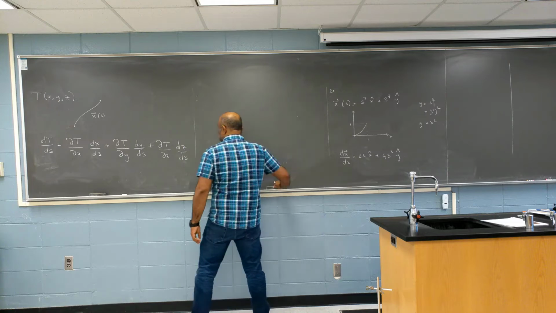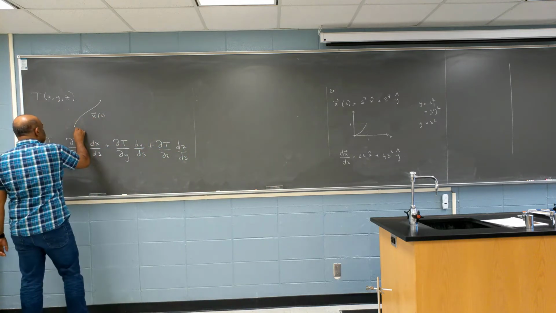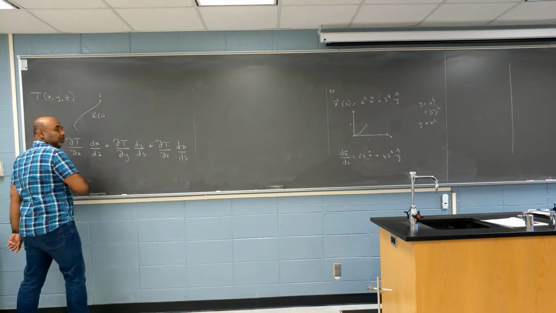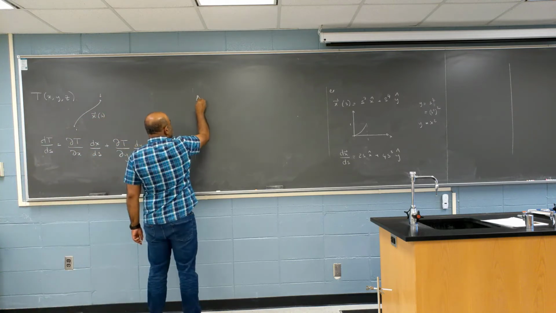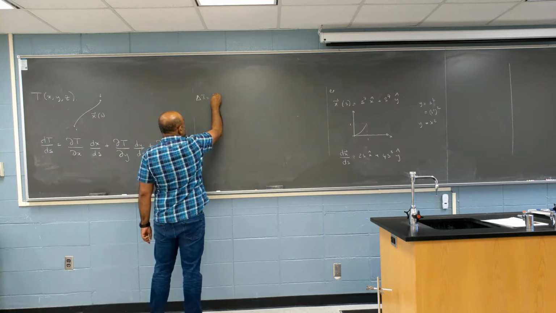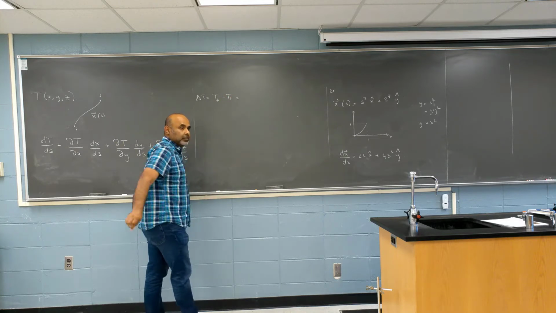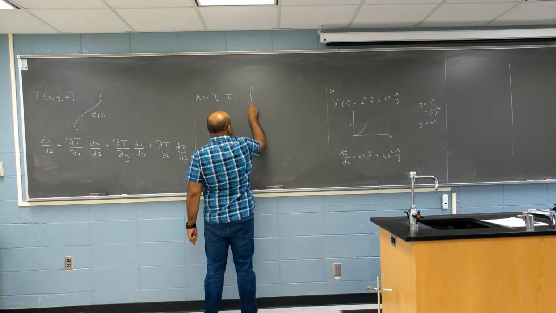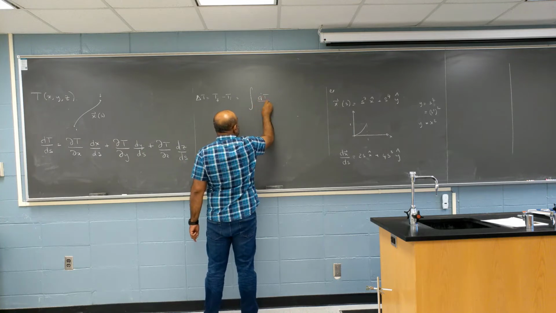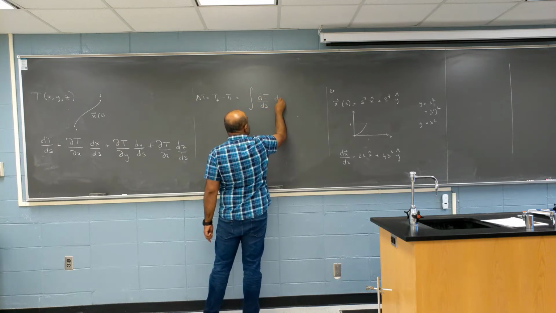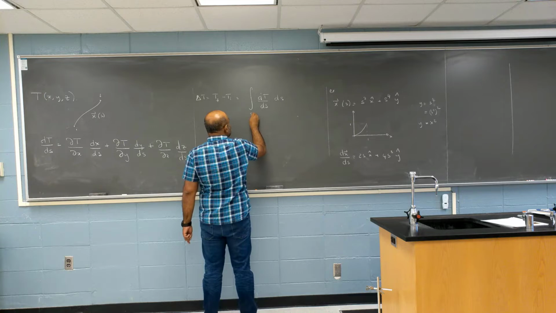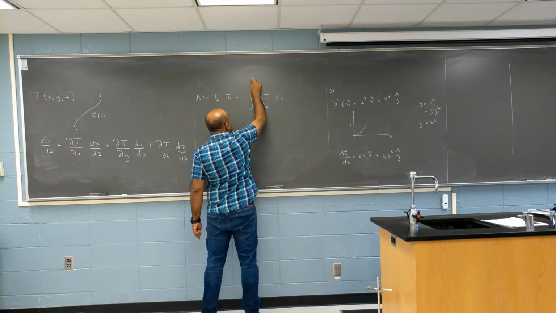Let's say this is some initial point and this is some final point. Delta T, which is final value of T minus initial value of T, is really nothing more than the integral of dT/ds times ds from s_i to s_f.